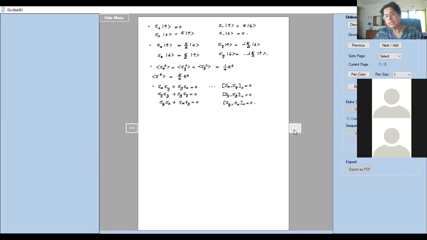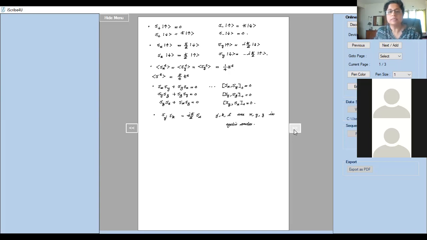Now, if you combine the commutation and the anti-commutation laws, you get something interesting. Essentially, you will get what I always write as SjSk is equal to iħ/2 Sl, where j, k, l are x, y, z in cyclic order.